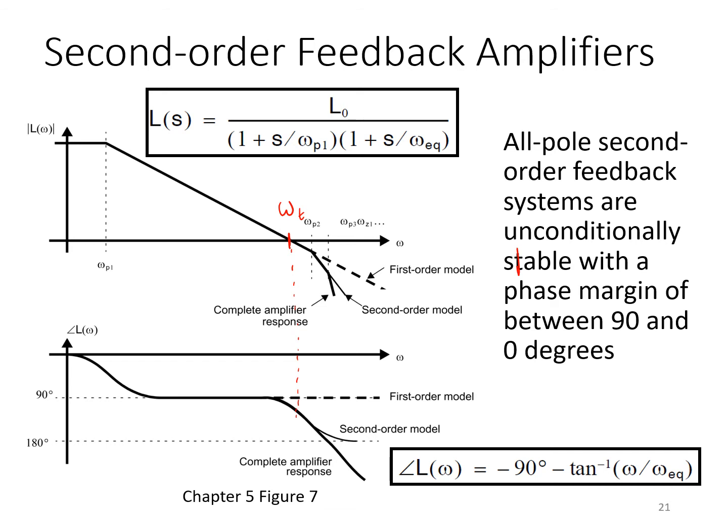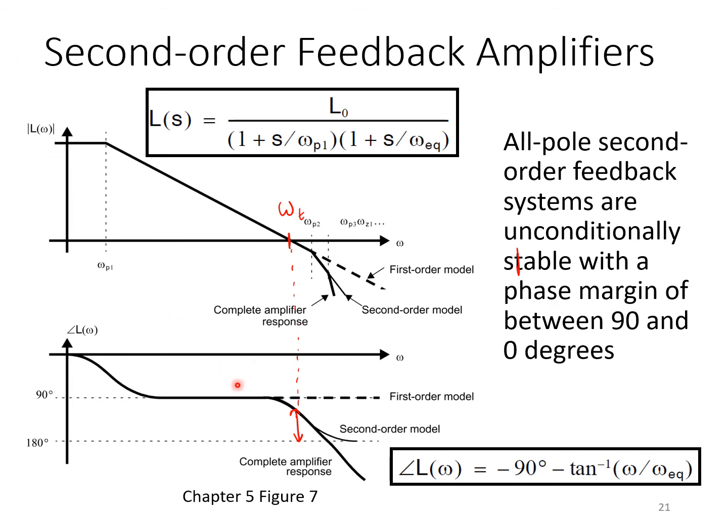Because it's around there that the feedback amplifier's phase response is being determined. So as long as our second order model properly models the magnitude and phase response, especially the phase response around omega t, then it's going to be a useful model.